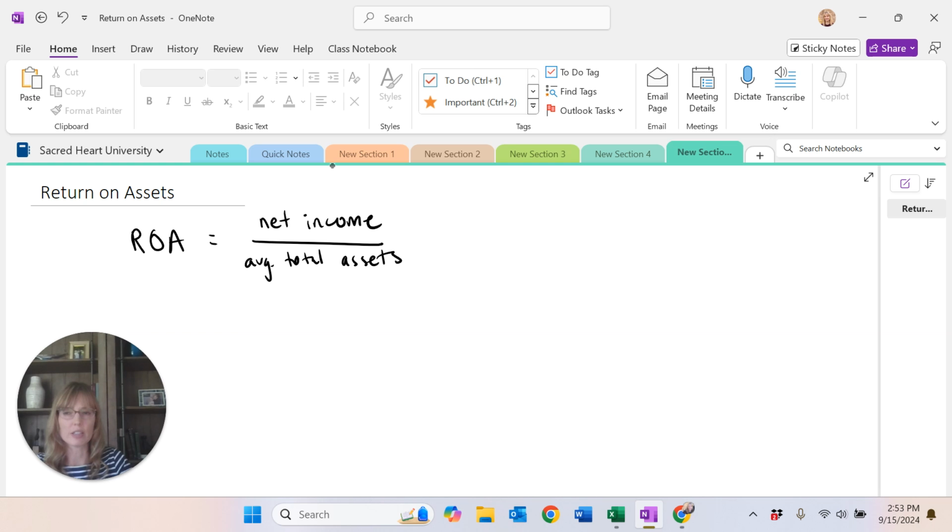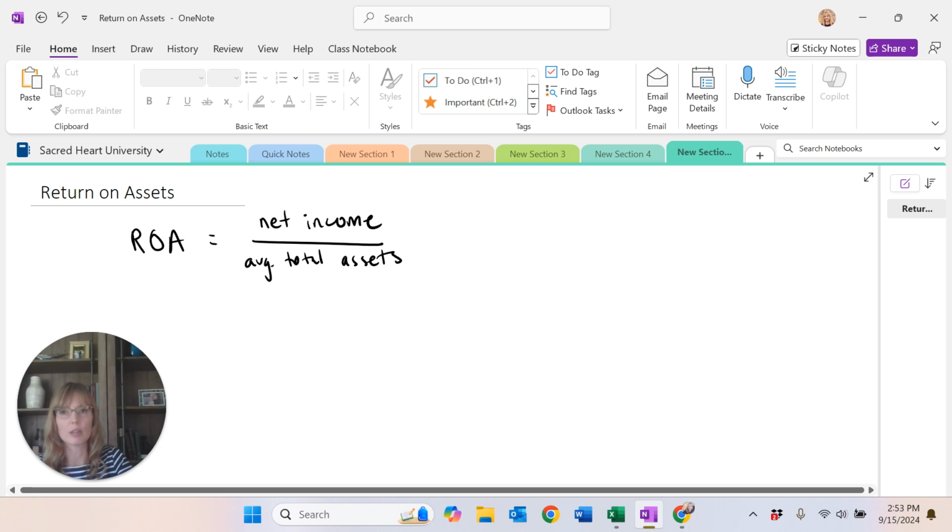The return on assets, sales is part of the story, but with sales come expenses. And the full story is how much income did you generate from your asset investment? So this tells us the efficiency of our assets, or our investment in assets, because remember, assets cost money.